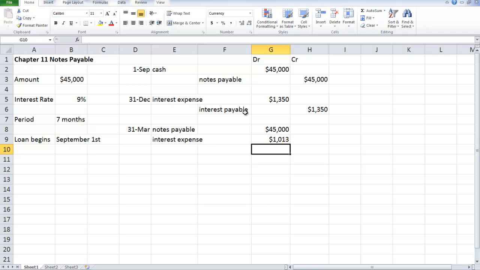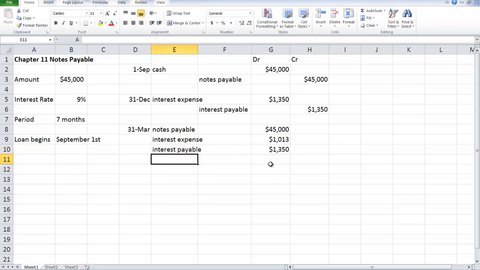Now, the interest that has accrued, the interest payable, also has to be paid. So we need to debit interest payable of $1,350.